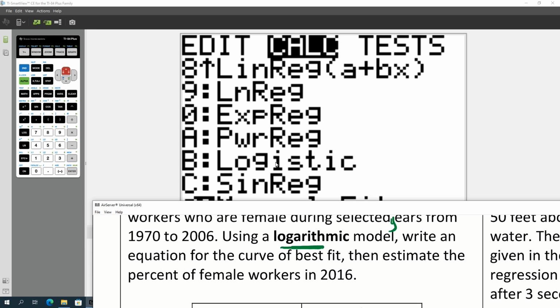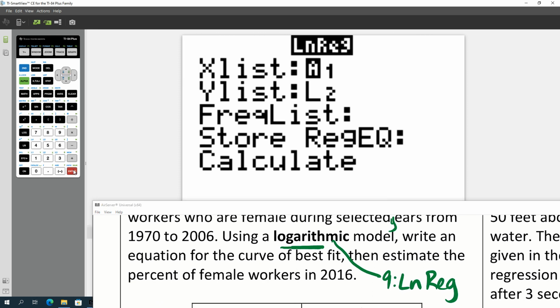It isn't. So ln is logarithmic. It means natural log. So anytime it's logarithmic, you're going to choose number 9, which is that natural log regression. So we're going to choose 9, and then we're going to enter.